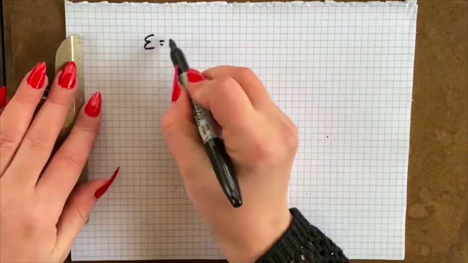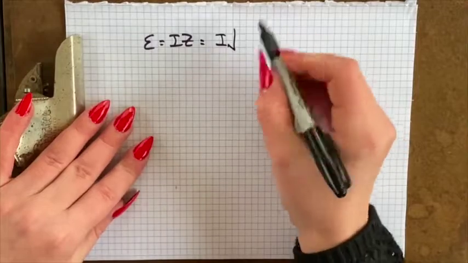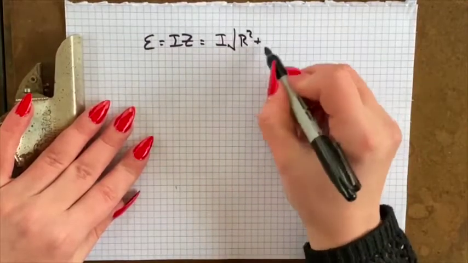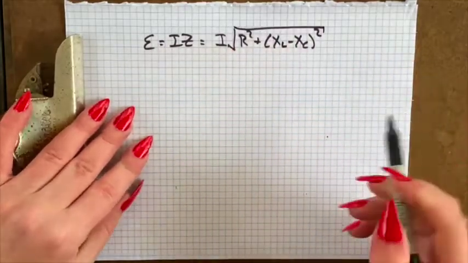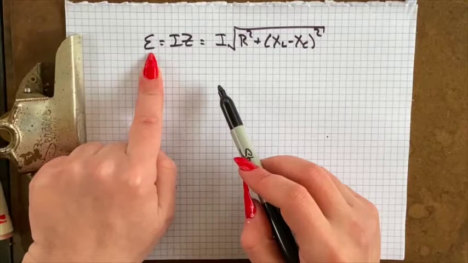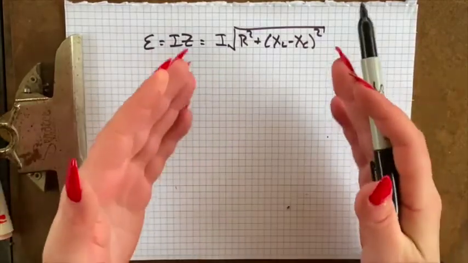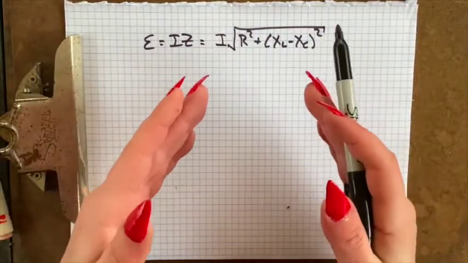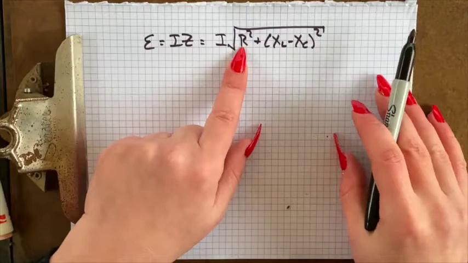So if I have E equals IZ, where Z is R squared plus (XL minus XC) squared, all under a square root, and I wanted to maximize I for a given generator, what would be the situation that would cause that to happen? I will never get Z down to 0 because this R is always here. So I can play around.